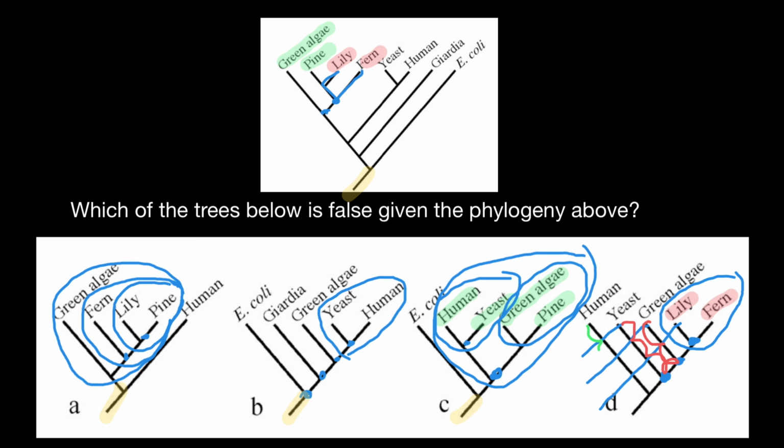And 1, 2, 3, 4, 5, 6, 7, 8. In the first case, between yeast and green alga, 6. In the second, between human and green alga, 8. But we expect the distance to be the same. According to this phylogenetic tree, as you see, the distance has to be the same.